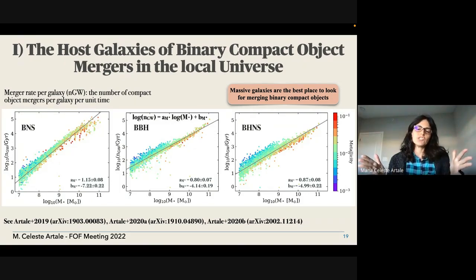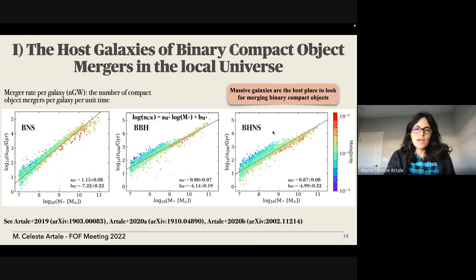So with this machinery of combining, in my case, the galaxy catalog from simulations with the population synthesis code, we can create a population of, again, binary compact objects, binary neutron star, binary black hole, and black hole neutron star systems in our simulated galaxies, and investigate different properties of our galaxies to understand what are the most likely host galaxies of our binary compact objects.